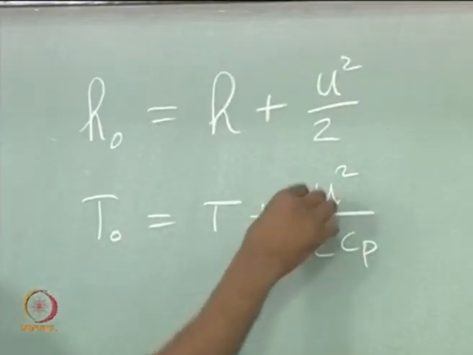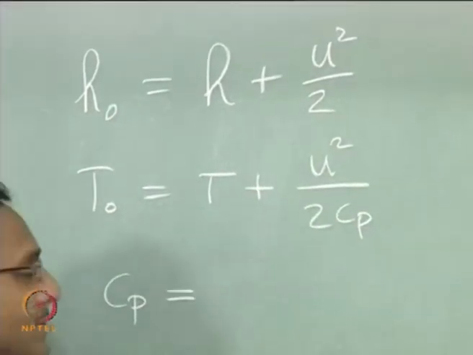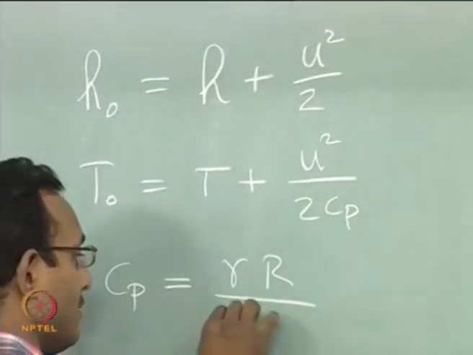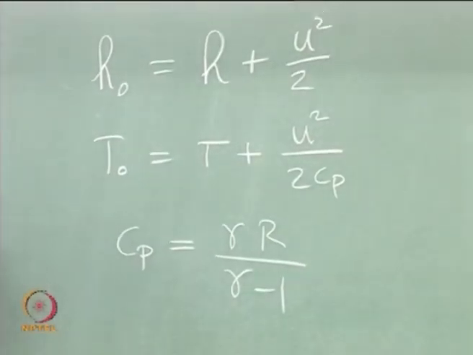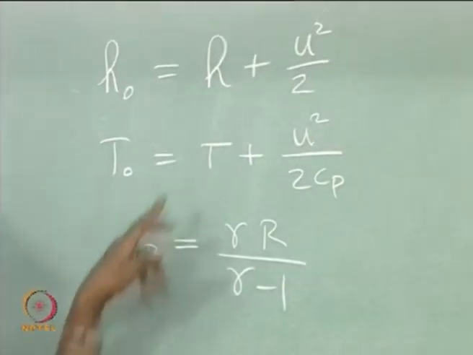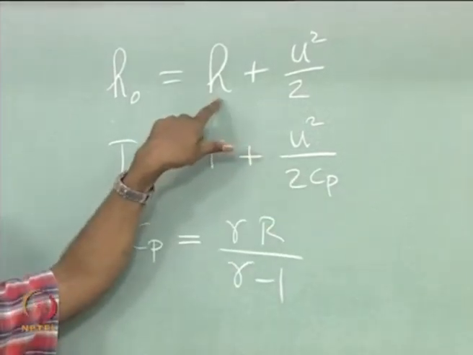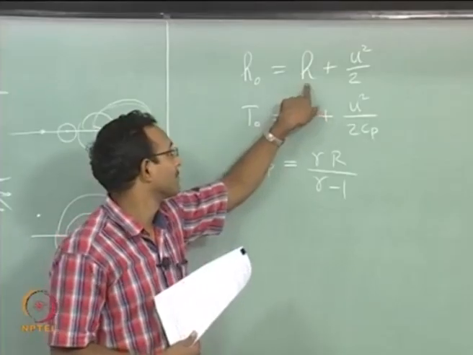Now I want to rearrange these terms. What is Cp in terms of R? Gamma R by gamma minus 1, where I am taking this to be per mass basis. Why? Because H is per mass basis by definition for us. Our convention is small h is per mass basis.